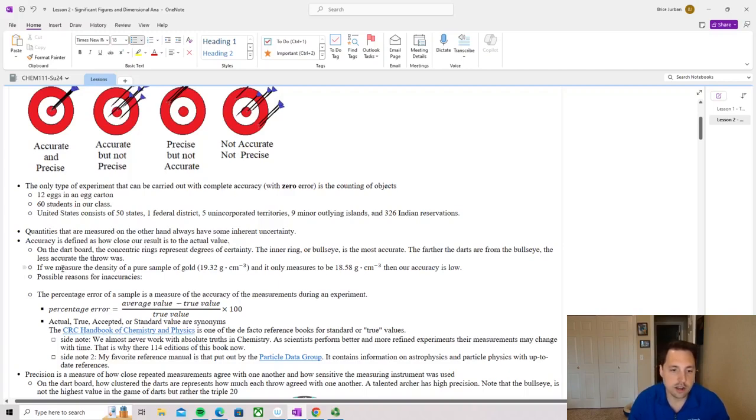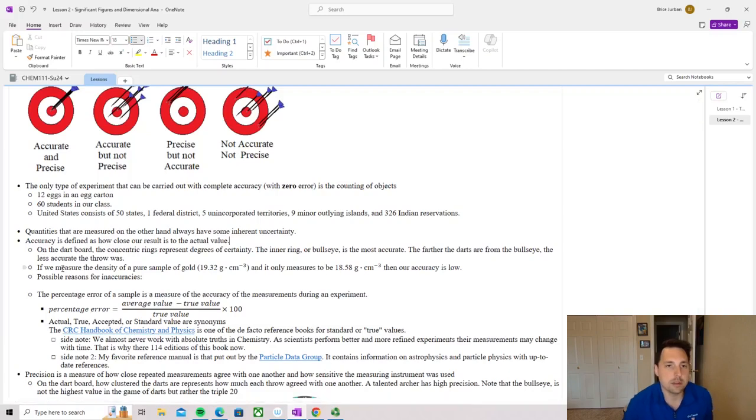The density of an object is intrinsic to the sample that we're measuring. So if we have a pure sample of gold, it should measure as 19.32 grams per cubic centimeter. And that is something that is irrelevant of where the gold came from.